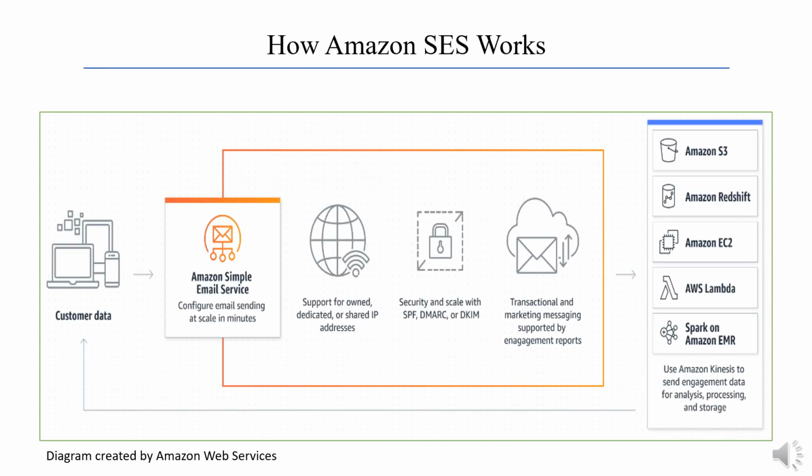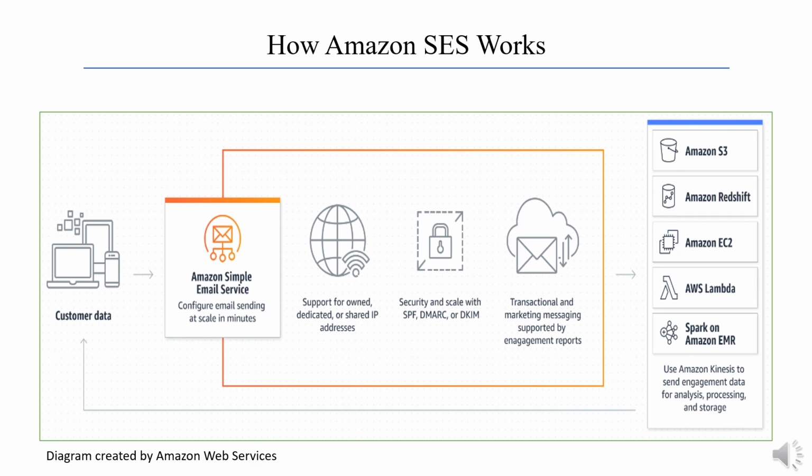Excellent. Now let's see how Amazon Simple Email Service, Amazon SES, works in a typical application environment. You no longer need an on-premises Simple Mail Transfer Protocol (SMTP) mail server. Amazon SES lets you reach customers confidently using the Amazon SES API or SMTP interface.